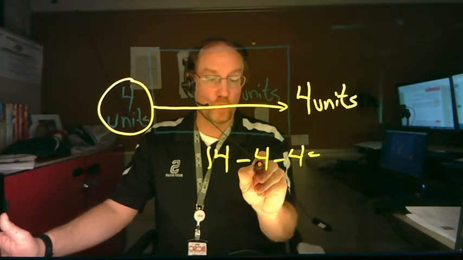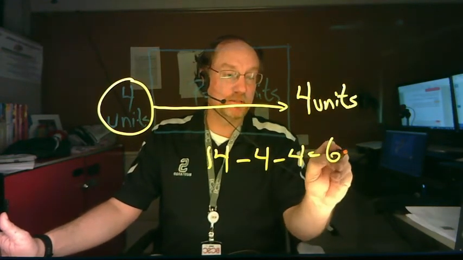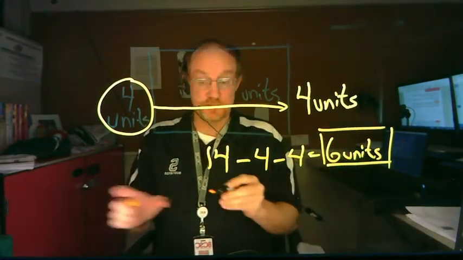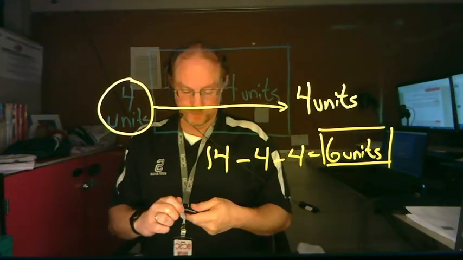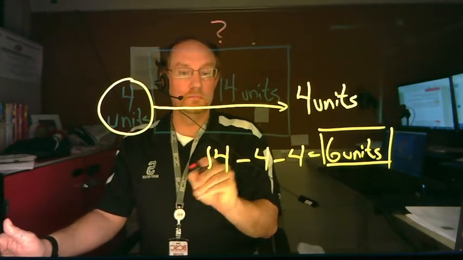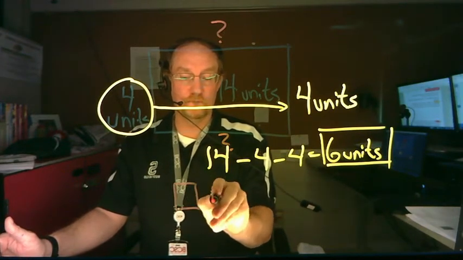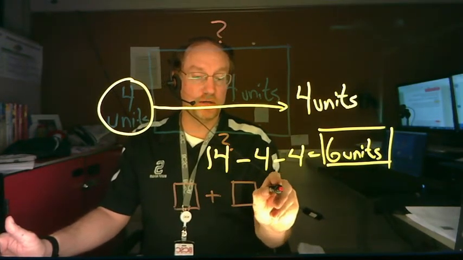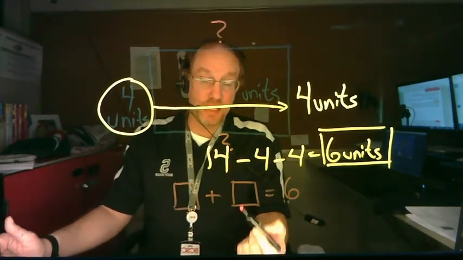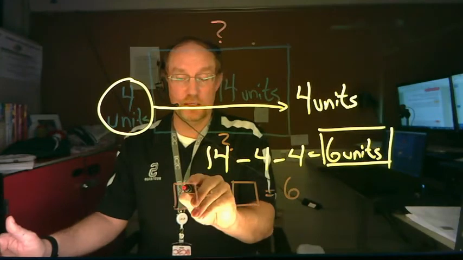So 14 minus 4 is 10, minus 4 is 6 units. This is not our answer. Because what we're saying is that this length right here and this one right here, when added together, give us 6 units. So what two numbers that are the same added together give us 6? And of course that would be 3.